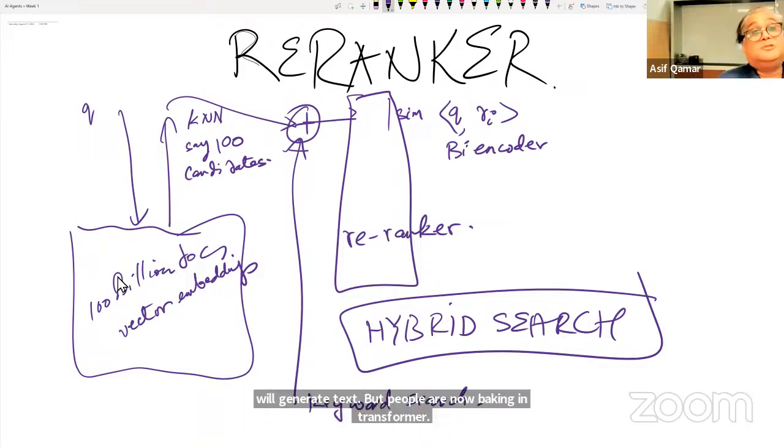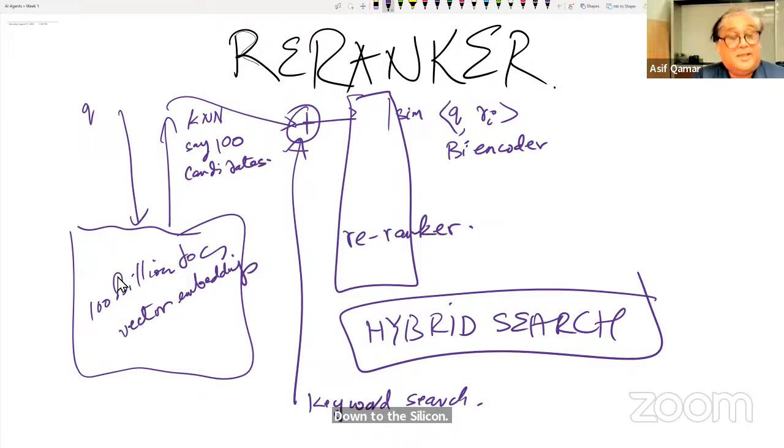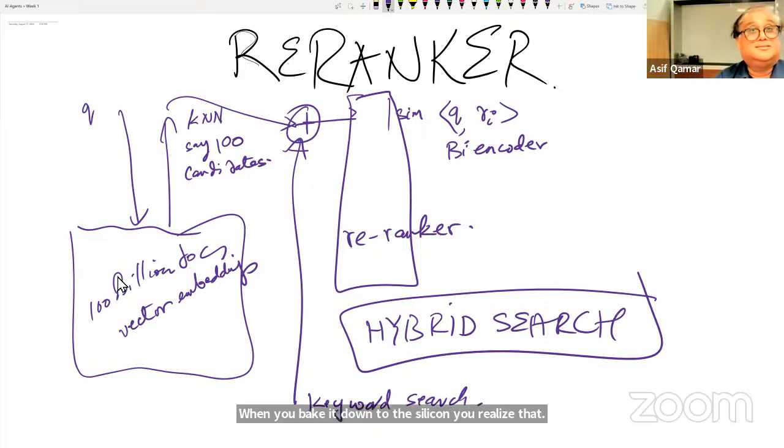When you bake it down to the silicon, you realize that the efficiency you gain is tremendous, right? These re-rankings are not going to cost you much. Well, they don't cost much anyway, right? If you're just doing 100 comparisons, it's cheap. Or 50, you're picking top 5 out of 50, cheap.